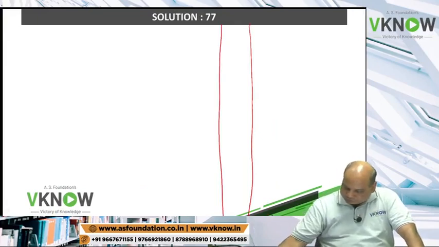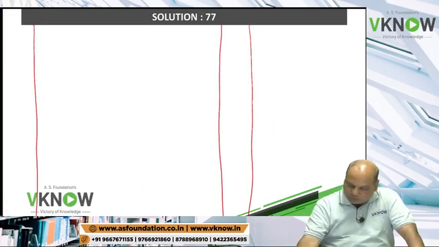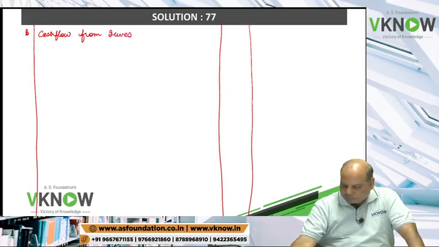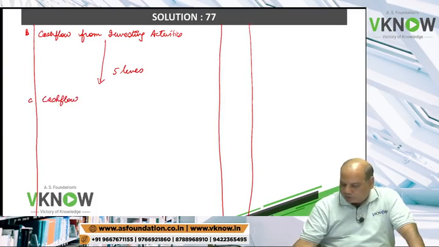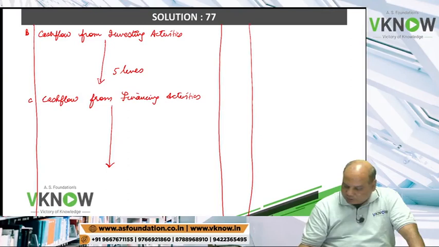Next point number B, cash flow from investing activities. Keep 5 or 6 lines blank. Point number C, cash flow from financing activities. Keep about 7 lines blank.